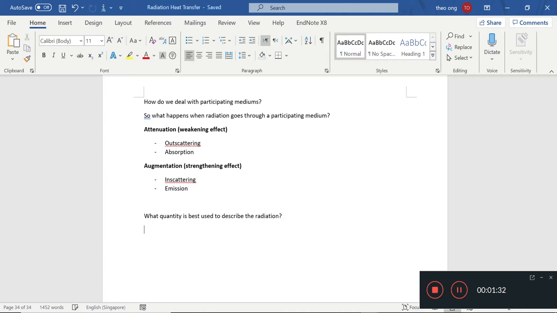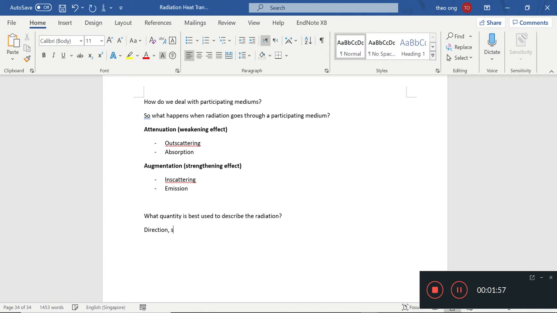We know radiation is affected by the frequency or the energy, the wavelength of the photon. You also have to consider the direction, the solid angle, all of this comes into play.